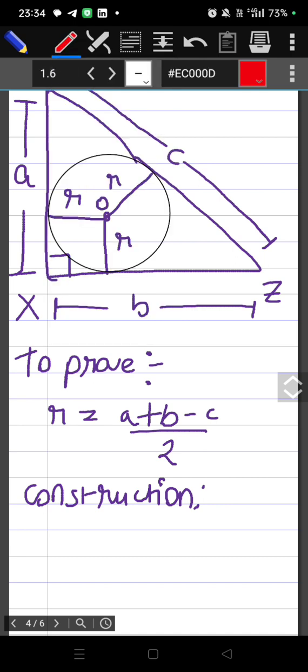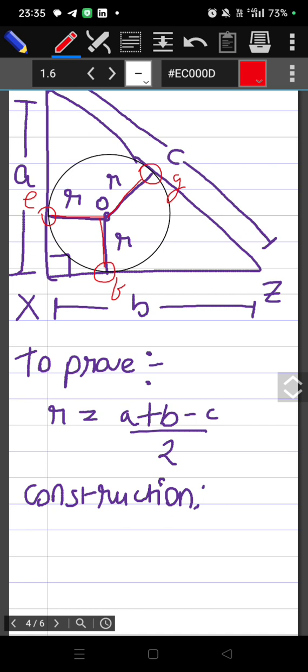Let me name this point as E, and this point as F, and this point as G. It will be easier for us. So OE, OF and OG, they are equal as they are radii.